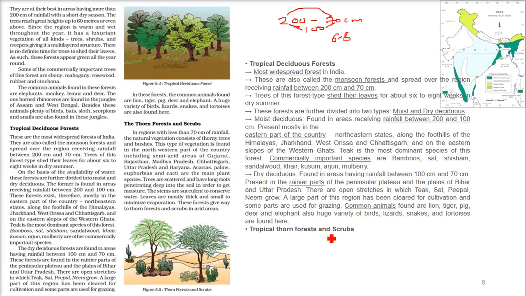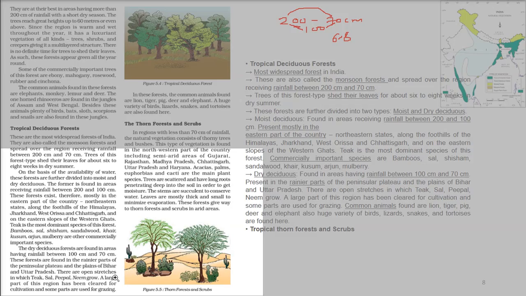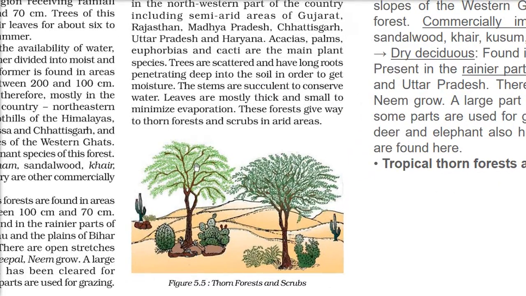Now coming to the tropical thorn forest and scrubs. Let me show you a picture first. There are certain things which need to be observed. First of all, these are the trees, and these are cactus, shrubs, etc. They are quite distant from each other, not dense, because the region is mostly sandy.